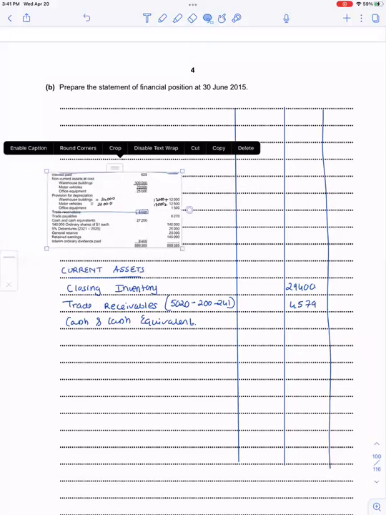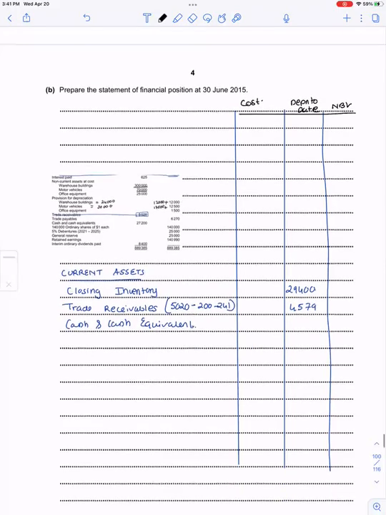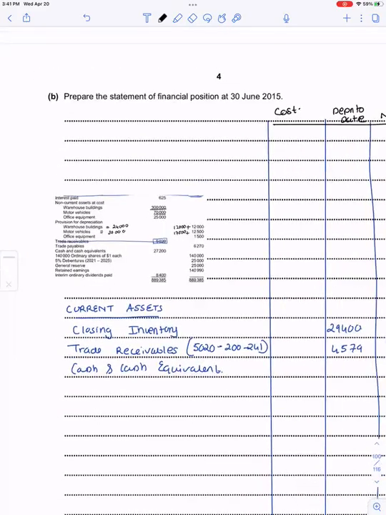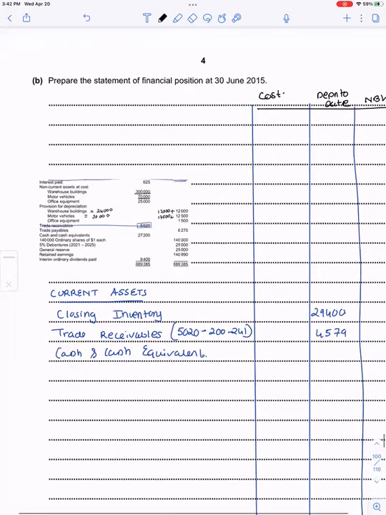Okay. So we can make the statement of financial position. Non-current asset. Depreciation costs. Depreciation to date and net book value. Write the costs. Warehouse building is how much? 300,000.